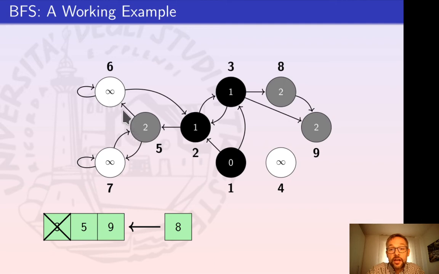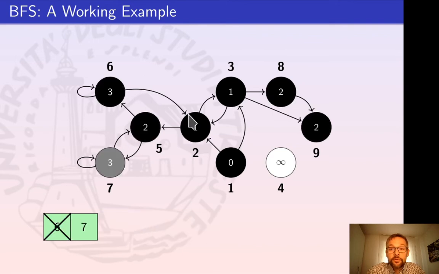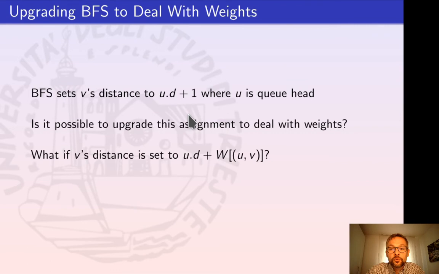Why? Because the value of every edge is 1 basically. So a possible way to upgrade BFS to deal with weights could be to set the distance of the just discovered node to the distance of the gray node plus the weight we move along to reach the just discovered node. Okay, but unfortunately it doesn't work.